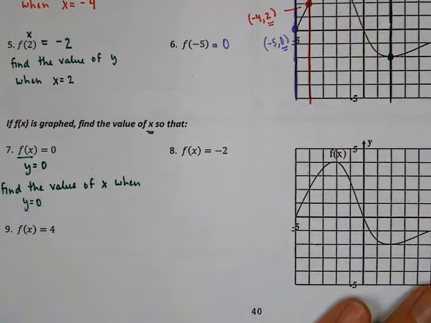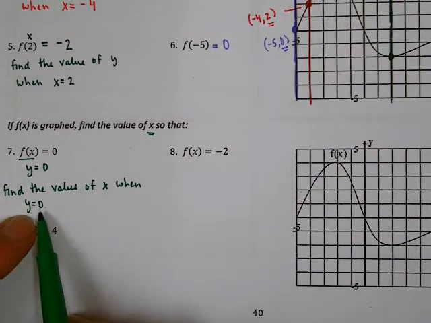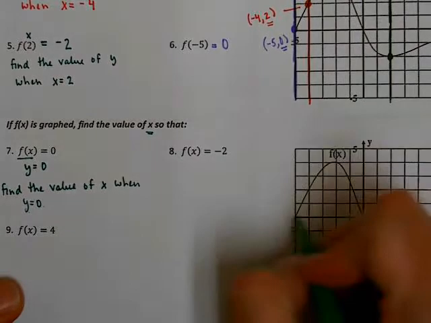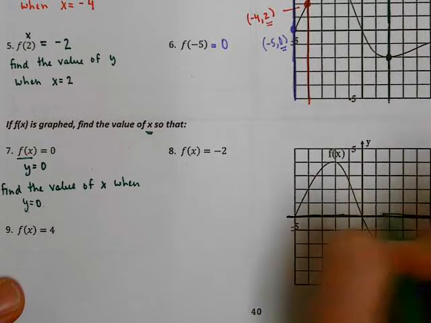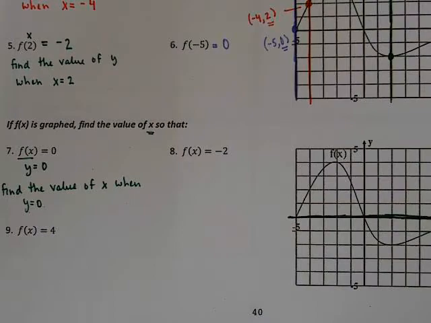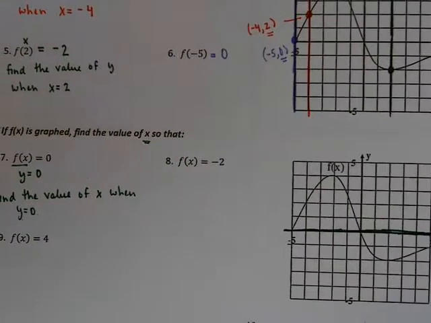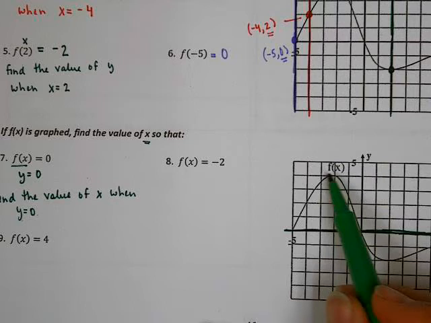So we're going to use the same idea, except now we're looking for an x value. So y is equal to 0. I know y is equal to 0 anywhere along the x-axis here. So again, I'm looking for where my green line intersects this curve.